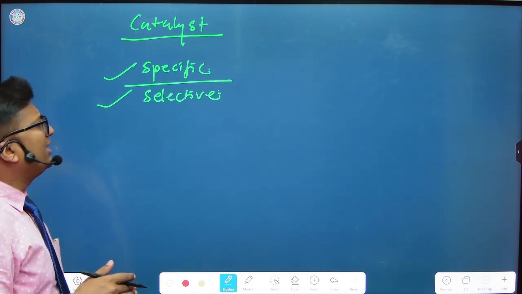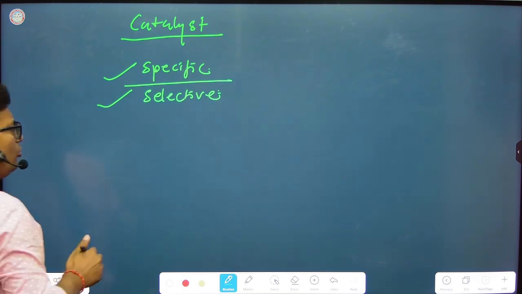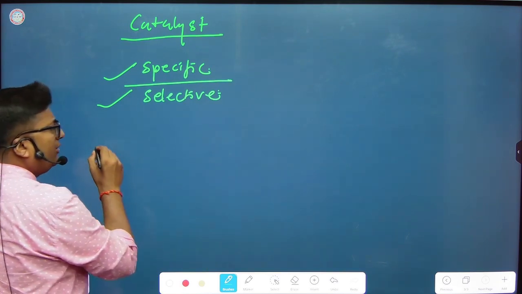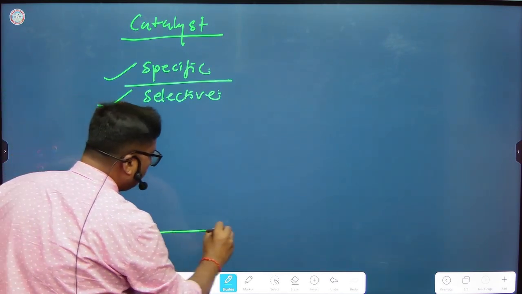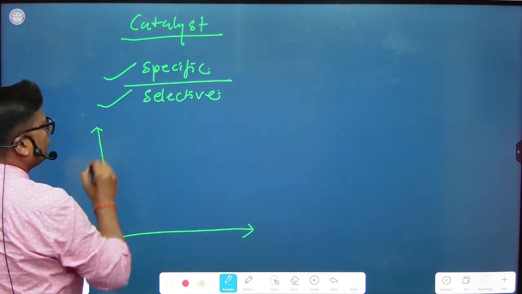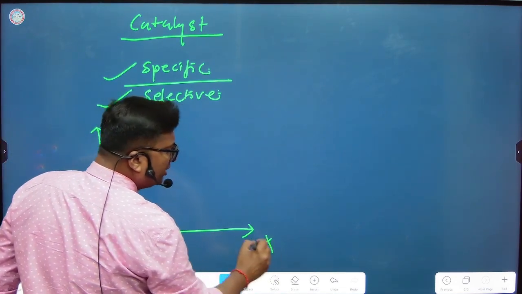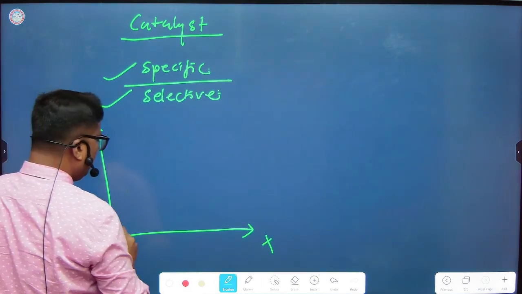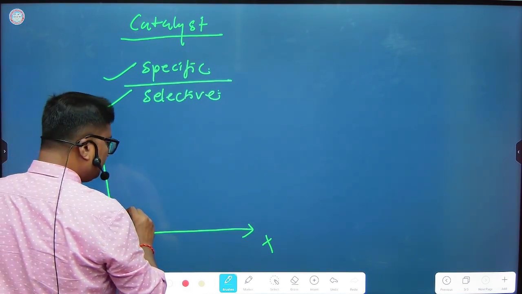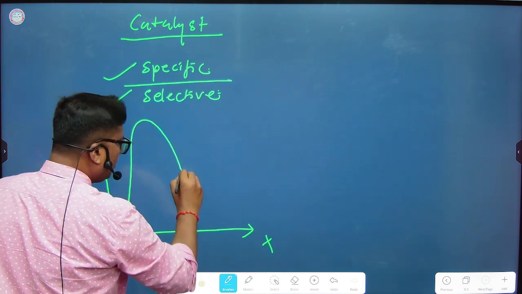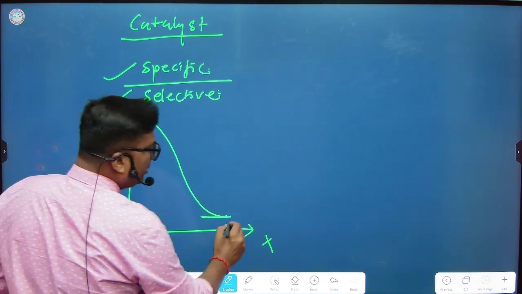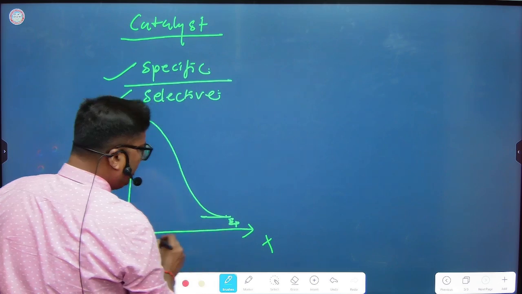So once the catalyst is present in the reaction medium, what happens on the energy profile? So again we can draw, suppose this is your x-axis and this is your y-axis, right? So this is your energy levels, and this is the energy level of product. So this is your EP and this is your ER.